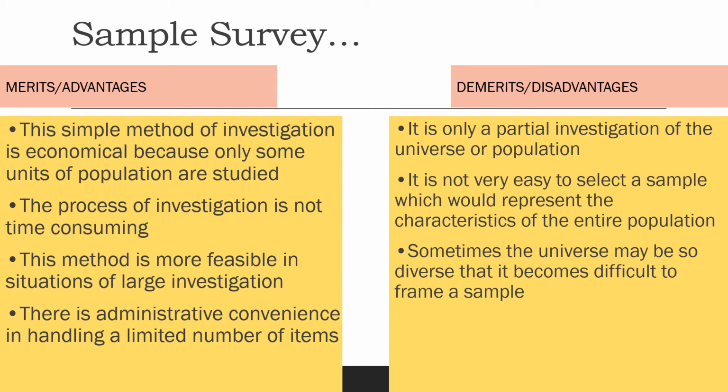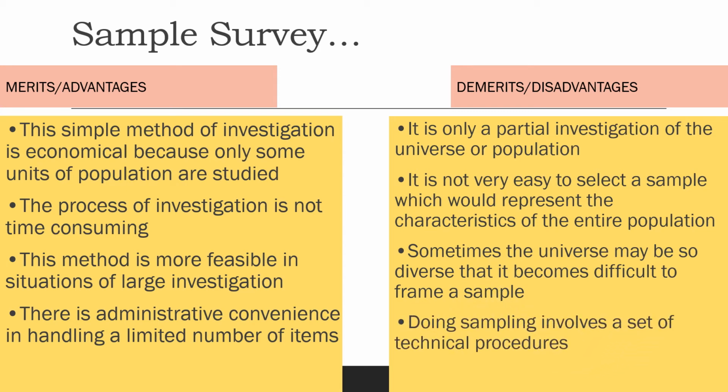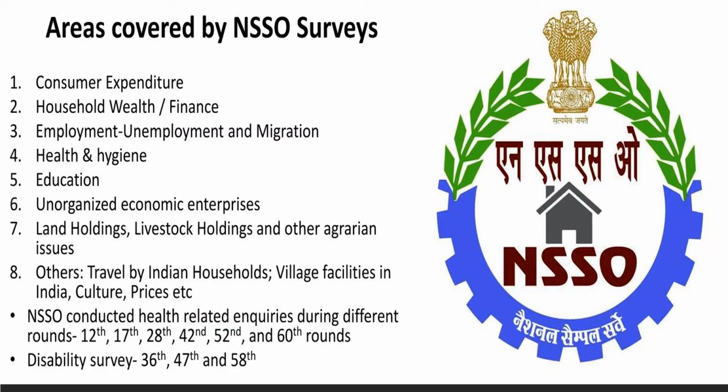So you can't really get a sample if you are studying those people who are the original inhabitants of that village or city. Doing sampling involves a set of technical procedures. So you have to be trained in statistics.